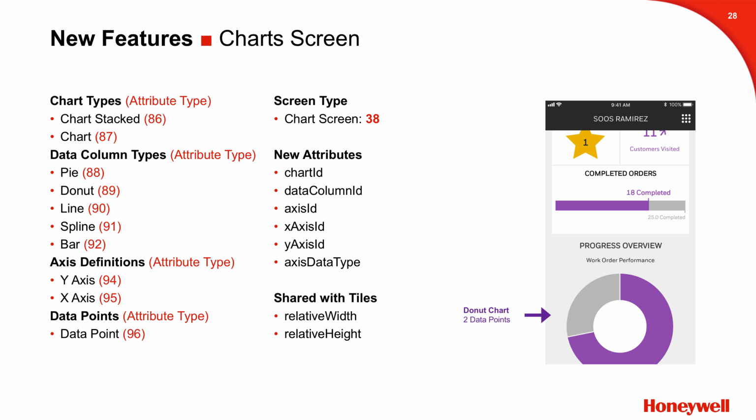So it's maybe not as straightforward as the tile screen, but still relatively easy to do and very powerful. Again, you can do lots of things with that. You can, for example, like in this screenshot on the right, combine it with the tile screen to create a very informative dashboard.